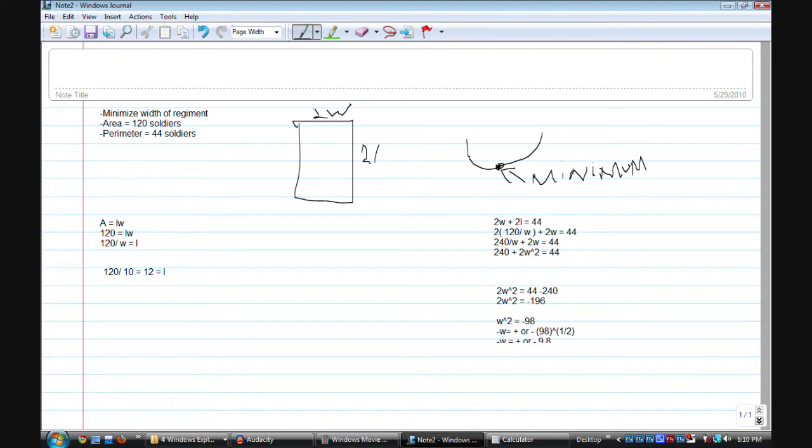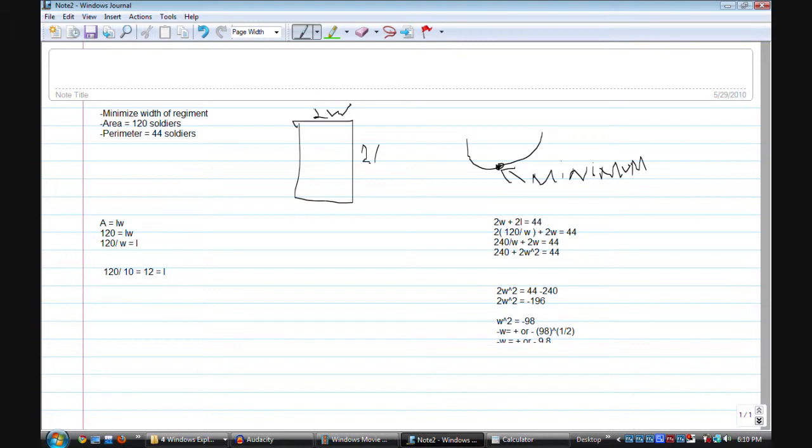And since I was using a line infantry regiment for this example, which has 128 soldiers, I decided to use soldiers as the units of measurement, and therefore I could get 120 for the area. And that also means that for the perimeter I got 44.